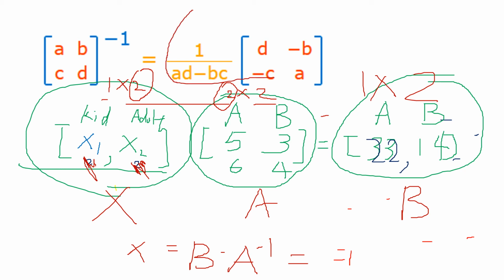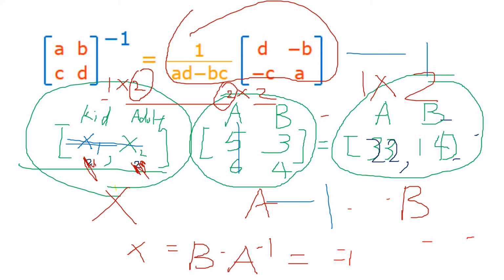We know how to find the inverse of A, so just multiply it with B. How do we do the multiplication? You use the row, multiply by the column, and add up the products. Then you get this number.